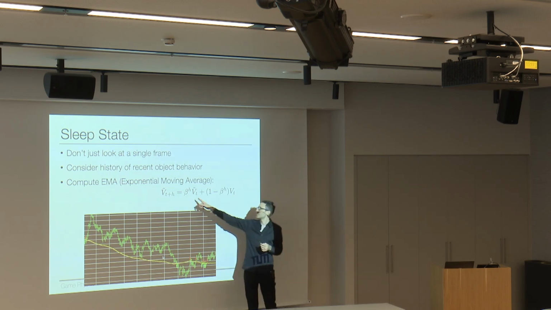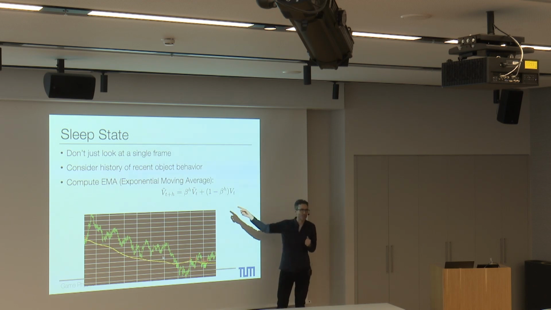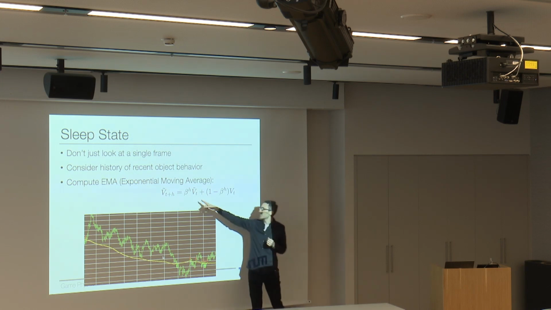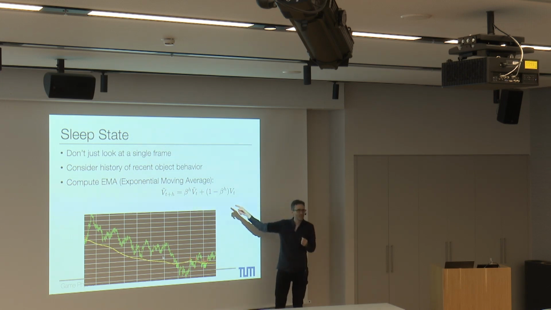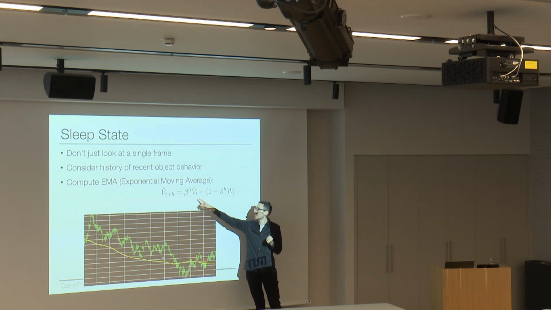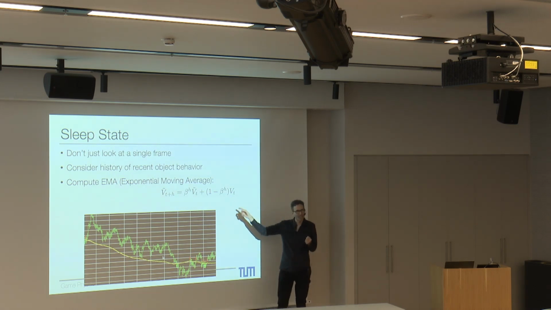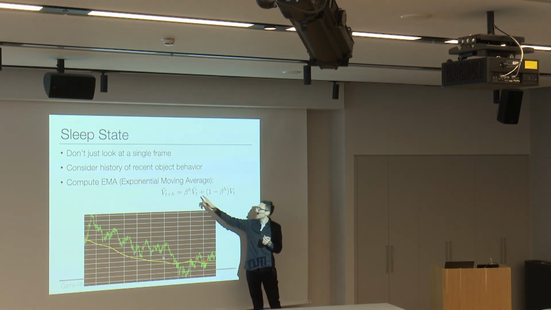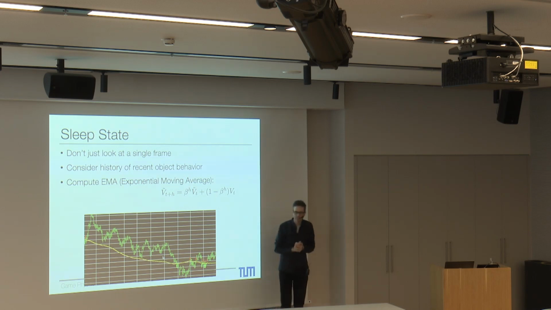So we have beta times the old plus 1 minus beta times the new one. So imagine, right, if this factor is actually 0, it's none of the old one, it's always just the new one, that would be no smoothing. If it's, well, 1 wouldn't make sense, it would never update, but it's very close to 1, then we're essentially mostly keeping the old one. The new value has barely any influence. So this weights, or essentially gives us the weight for the previous, for the history component.